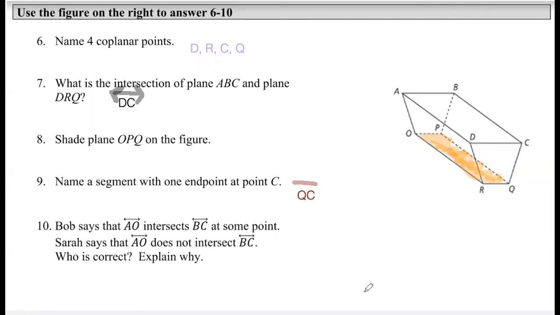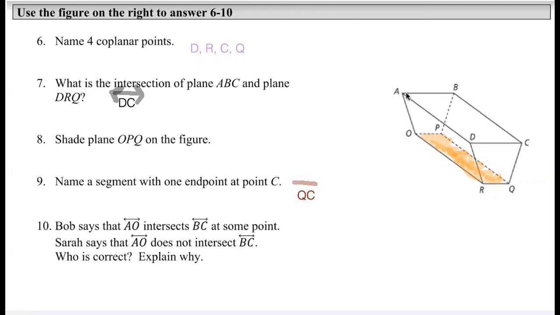Last one, number 10. Bob says that line AO intersects line BC at some point. Before we go any further, why don't we highlight those two lines so that we can make them stand out.